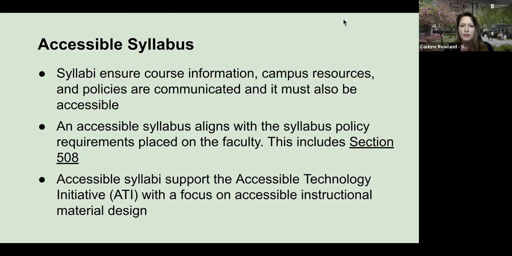And this includes Section 508, which requires that electronic and information technology is accessible to people with disabilities, including employees and members of the public. An accessible syllabus also supports the Accessible Technology Initiative, the ATI, with a focus on accessible instructional material design.